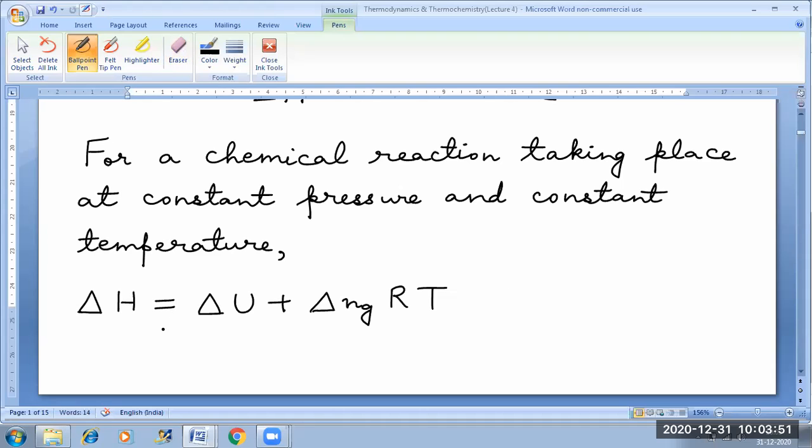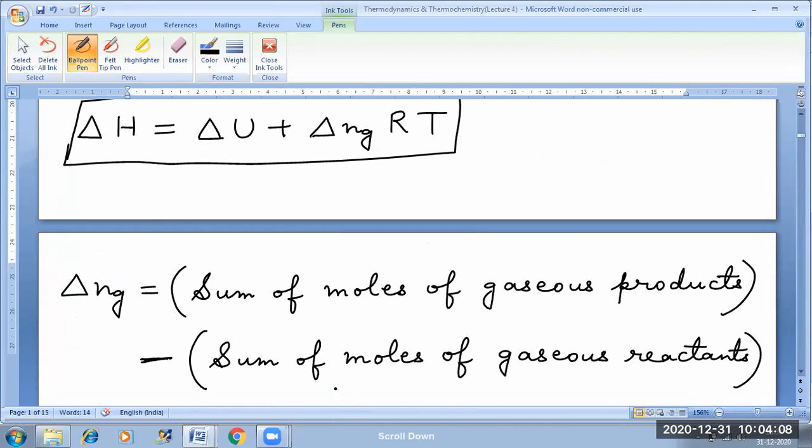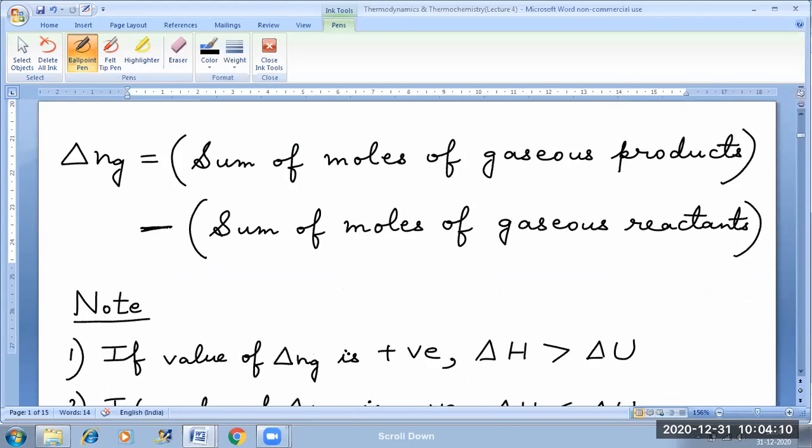So this is how I get this formula. This formula has to be learned by heart. So I wrote delta Ng, the meaning I explained to you just now.